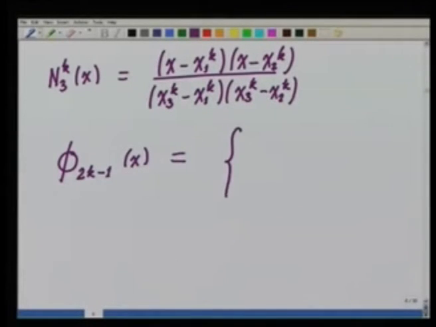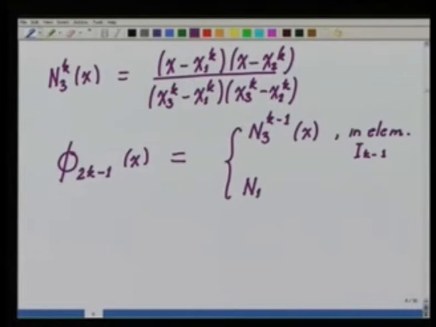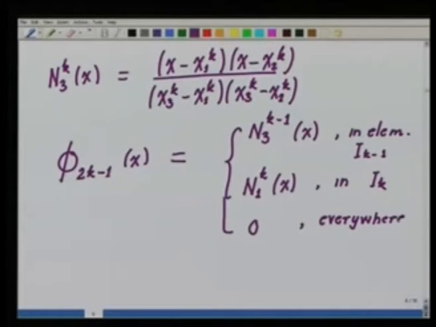So, this will be equal to n3 in the element k minus 1, for, it will be n1 in element k, and it will be 0 everywhere else.